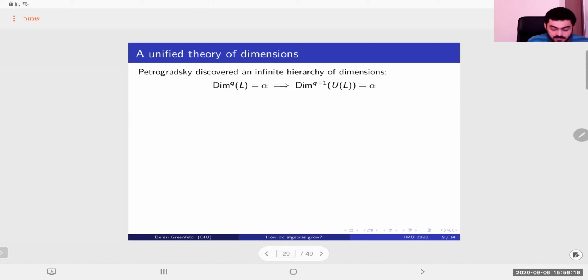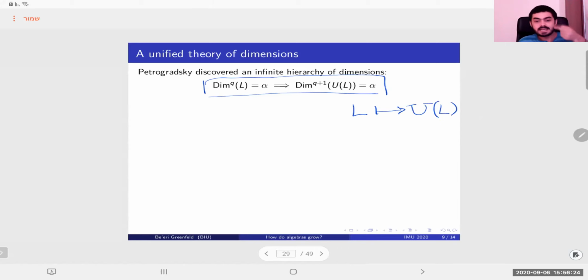And the most important thing is this formula, that passing from a Lie algebra to its universal enveloping algebra translates to passing one level higher in the dimension. So imagine that you have a hierarchy of dimensions, 1, 2, 3, etc. And the value of the dimension remains the same, but you just pass to one level higher.